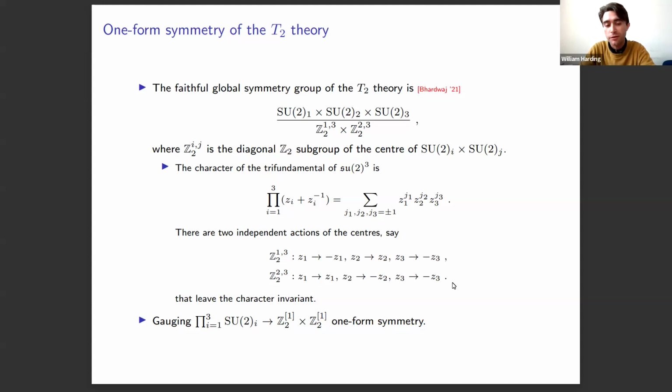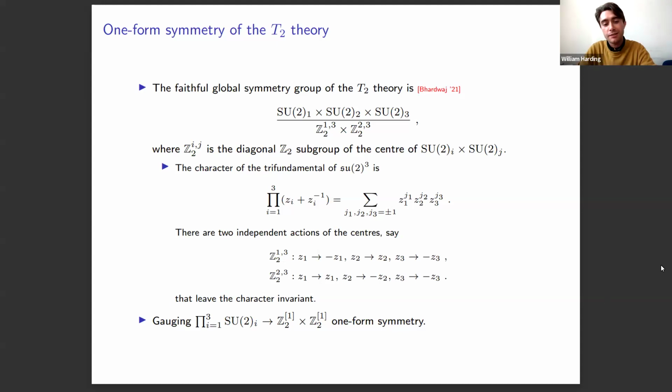And then there is also Z2^(2,3), which is analogous. Next, we can gauge the flavour symmetry of the T2 theory as SU2 times SU2 times SU2. And this gives rise to a Z2 times Z2 one-form symmetry.